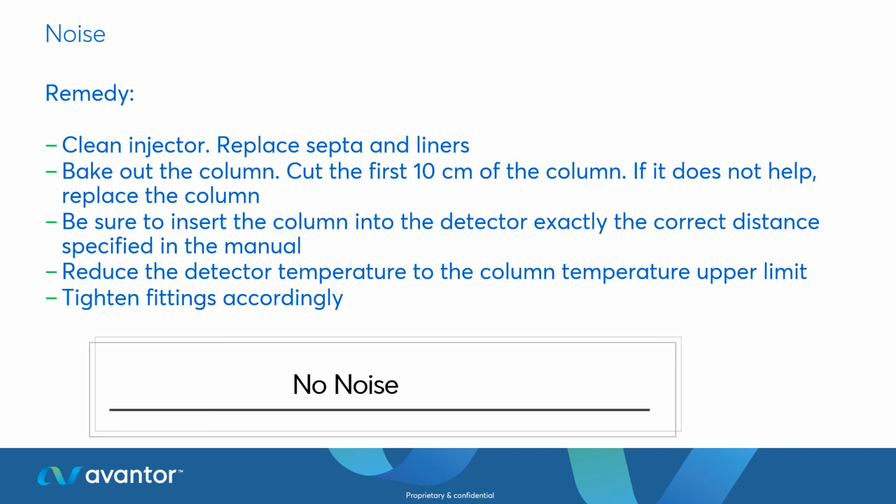With the detector, obviously make sure that we've inserted the column correctly and that it's the correct distance within the detector as specified in the manufacturer's manual. For the temperature, again, look at the method conditions and make sure that the detector temperature and the column temperature match. And with the fittings, again, just go around and make sure that you've retightened the fittings, in particular, as we've mentioned previously, with the Vespel fittings.